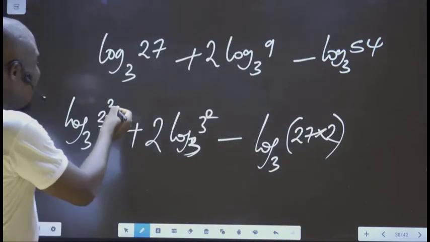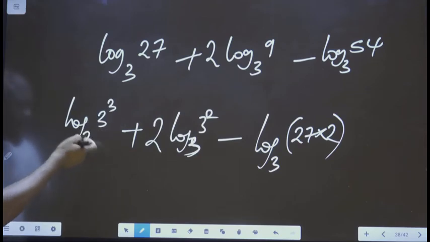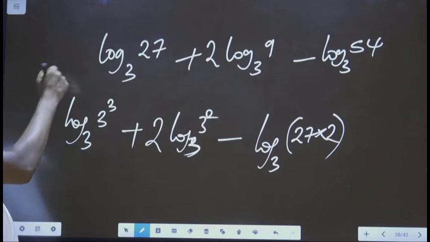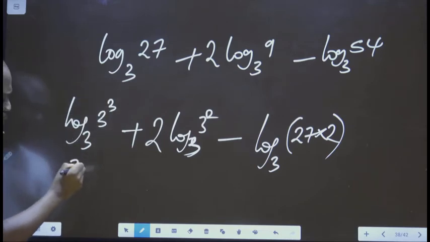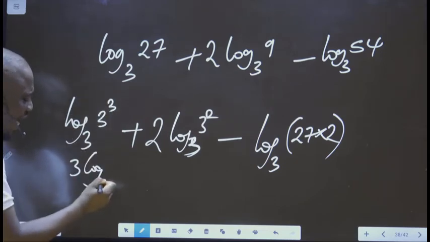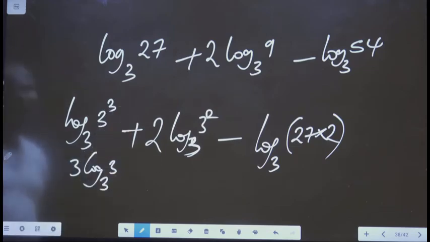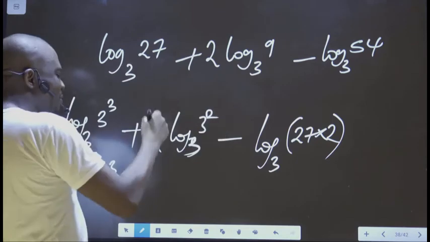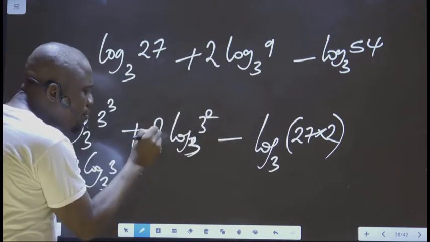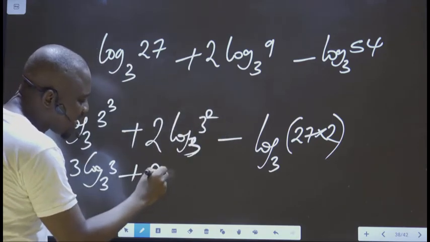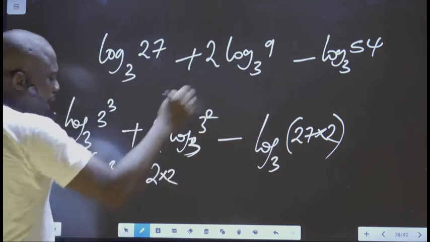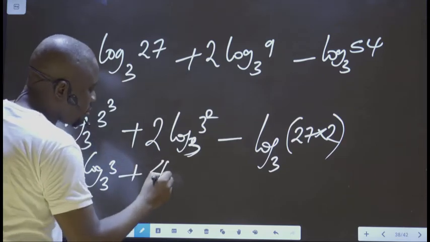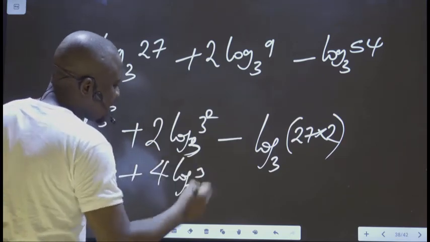This guy now, you can move, because 3 is carrying 3. He's begging for what? For help. So you move this 3 to the back of this place so that this guy can have some relief. This guy will also come down. And if he's coming down, it's going to be something like 2 multiplied by 2. So automatically, this is 4 log 3.